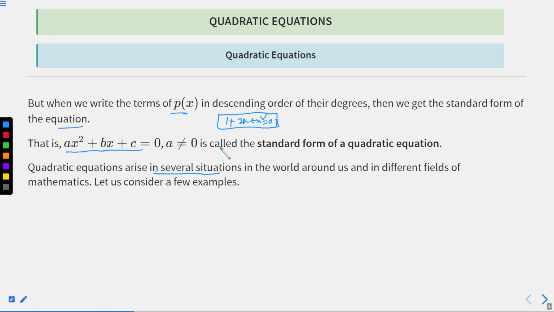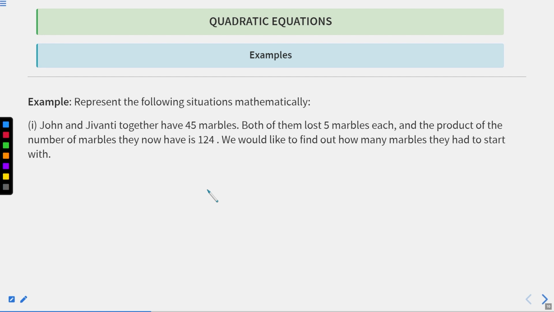There are so many real life applications of quadratic equations. So now let us consider a few examples.